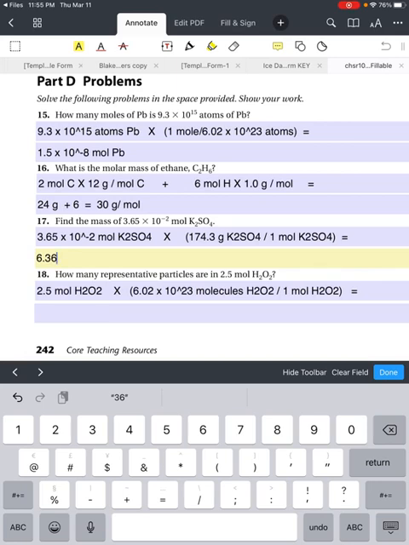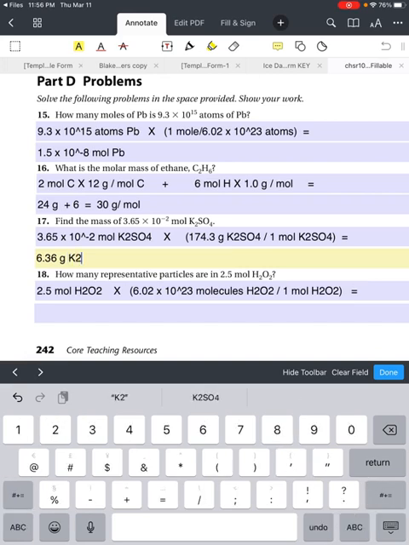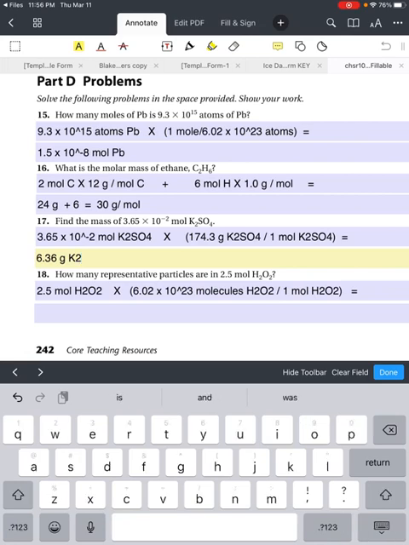So for numbers between 1 and 10, or even 0.1 and 10, we don't have to put in scientific notation. 6.36 grams of potassium sulfate, K2SO4, of course that 2 should be a subscript.